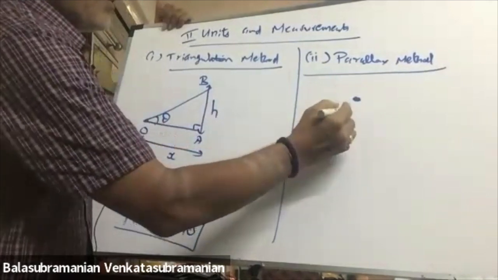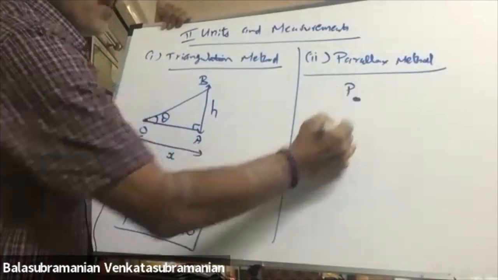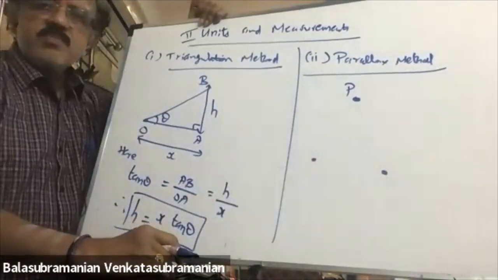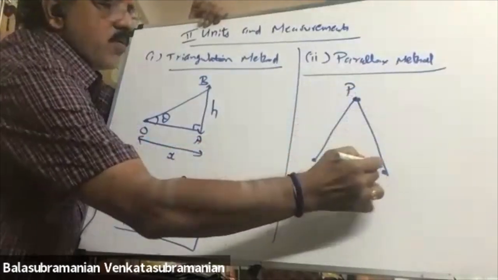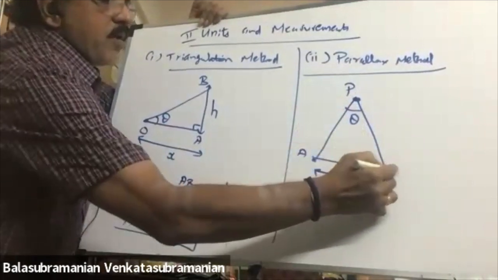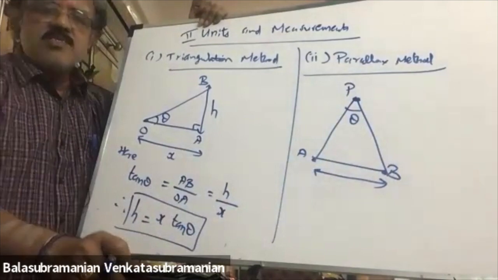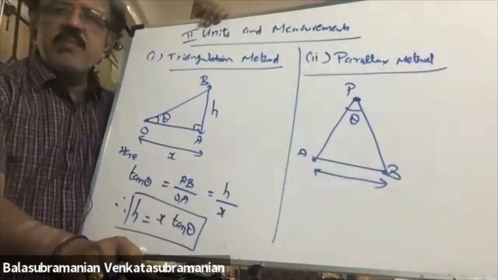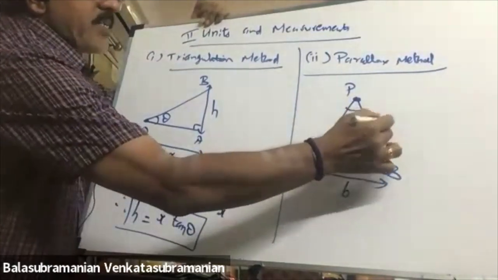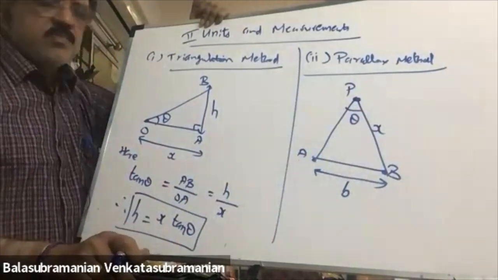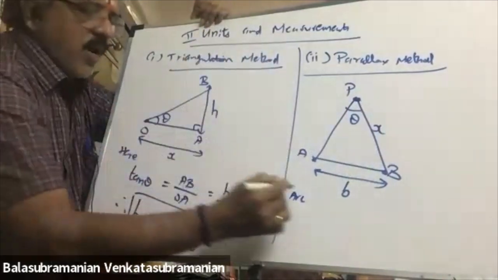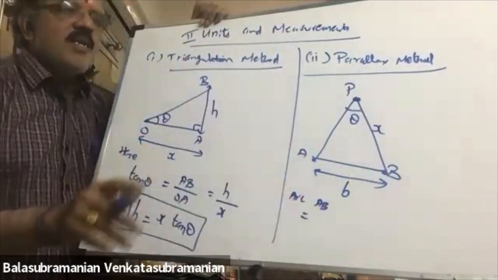So this is a planet, say P. We observe from two positions of the earth, A and B. This angle is theta. AB is called the base, b. The distance you take as x. Actually, AB is an arc length. Arc AB is the product of the angle subtended and the radius, as you have already learned.